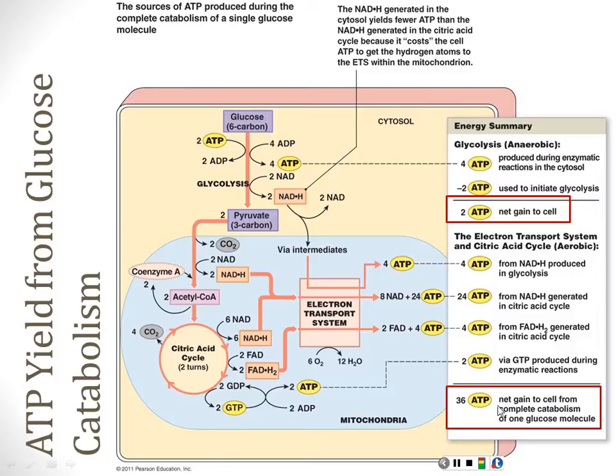Now, why is that important? Well, number one, it makes it seem like you know more about the system than you actually do. You know that 36 is an important number. And it can fool people into thinking that perhaps you know more of this wizard magic in here than you actually do. But it also shows that what takes place in the mitochondria is very effective at producing ATP, right?